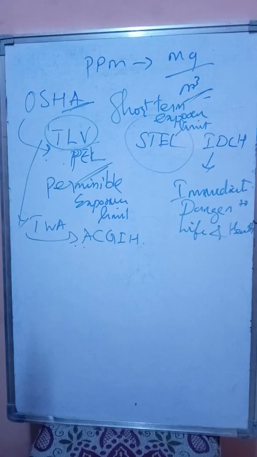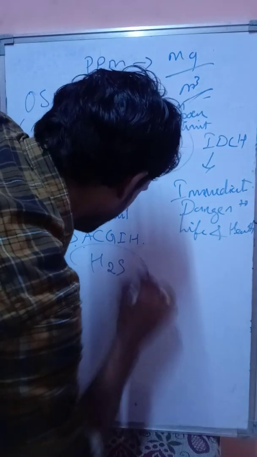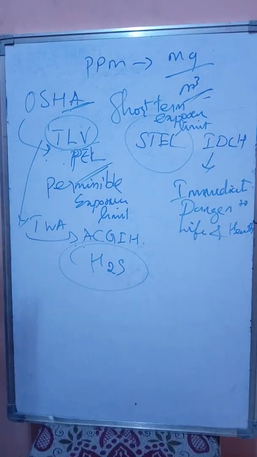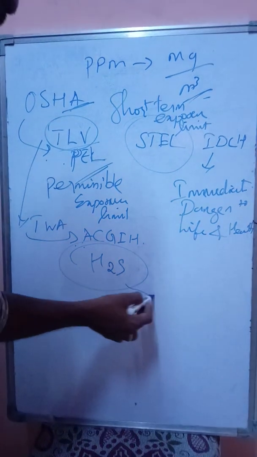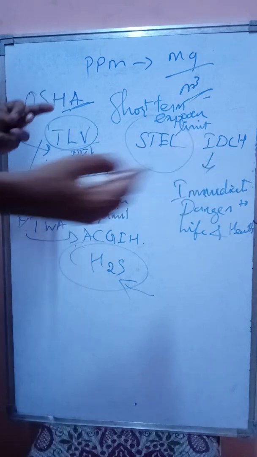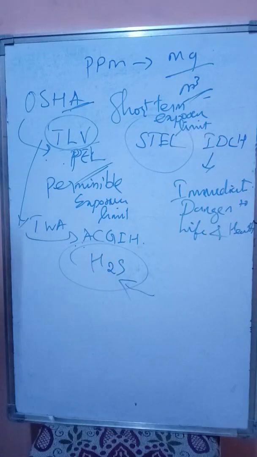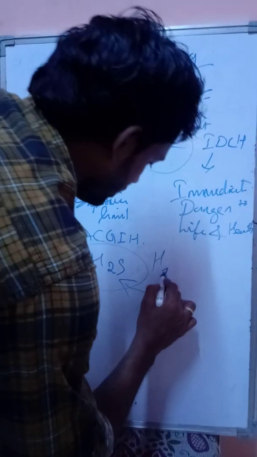The most dangerous gas we face as chemical engineers is hydrogen sulfide. When you go to a refinery or upstream oil and gas processing units, the primary thing you face is this H2S. You have a separate fire and safety system, a gas detection system, for hydrogen sulfide leaks.